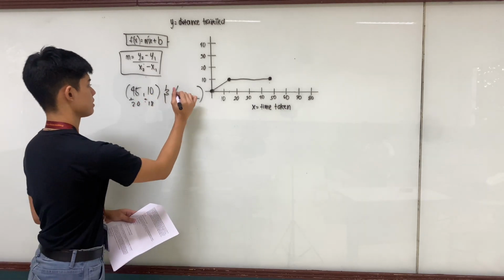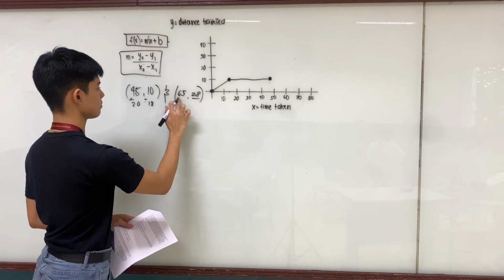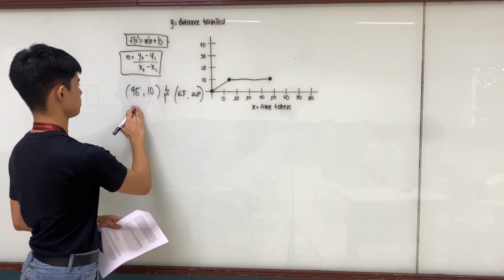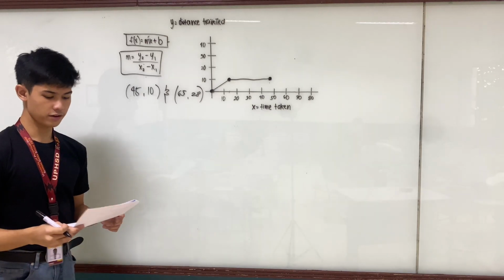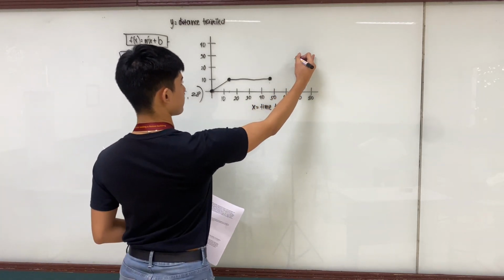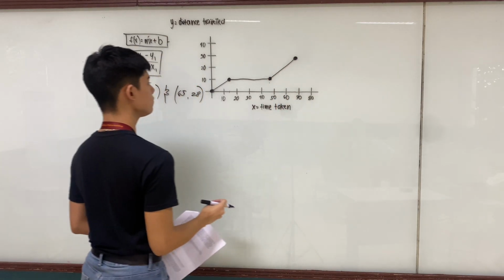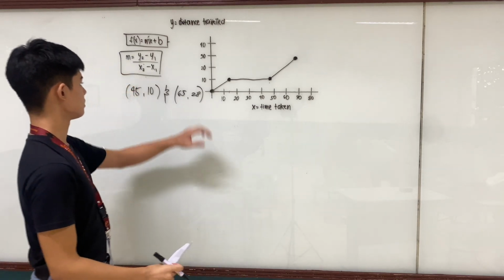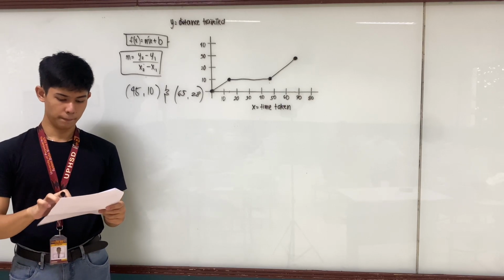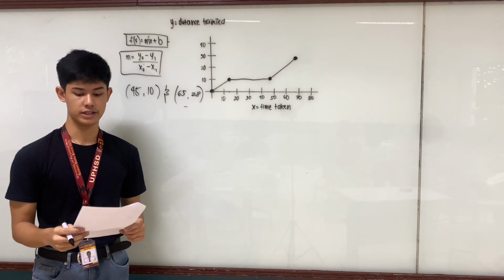So this will give us 65, and then here is 28. After driving for 18 kilometers in 20 minutes, in our graph, he is now at this point. So this will become 65 and 28, our second set of coordinates.